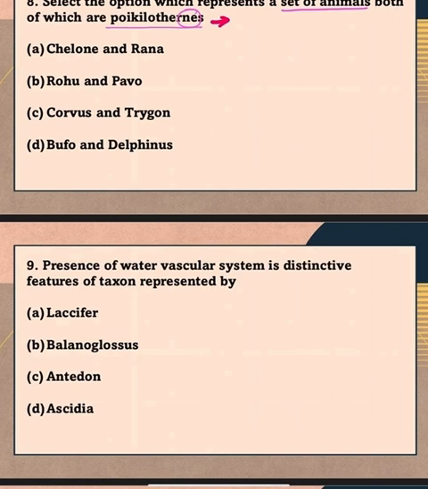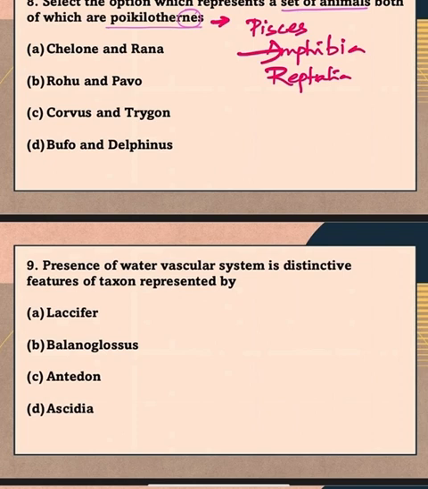What you have to remember is that Pisces are poikilotherms, amphibians are poikilotherms, and then Reptilia. These examples we consider poikilotherms.